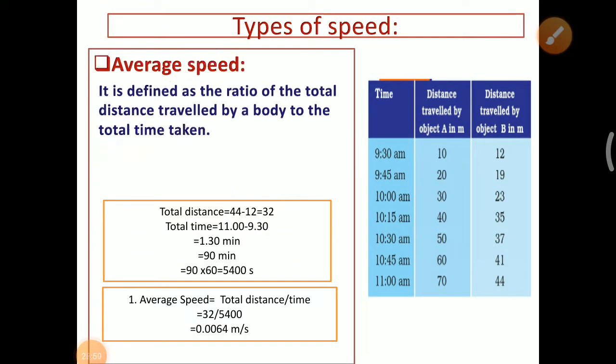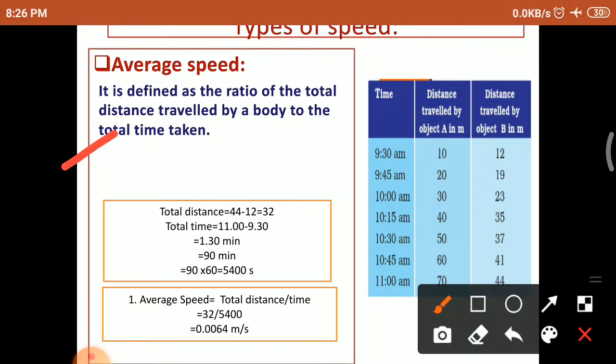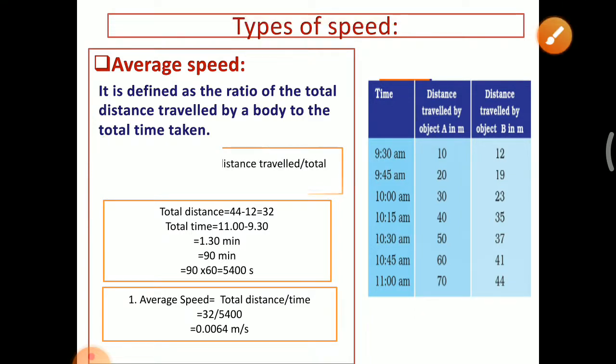The next one, average speed. What is meant by average speed? It is defined as the ratio of the total distance traveled by a body to the total time taken. So how to calculate the average speed?